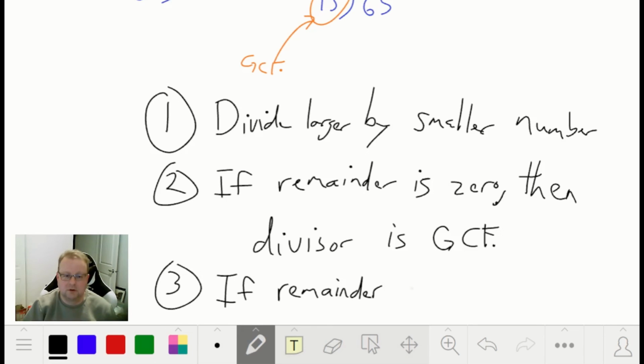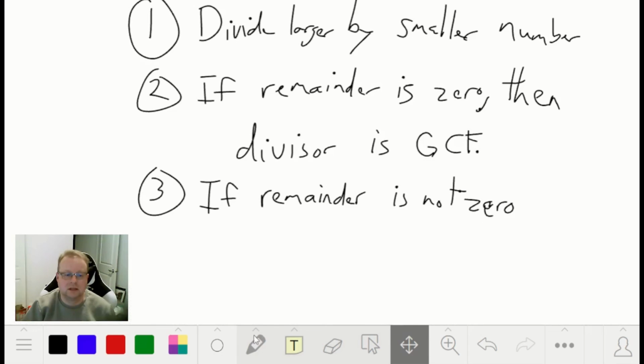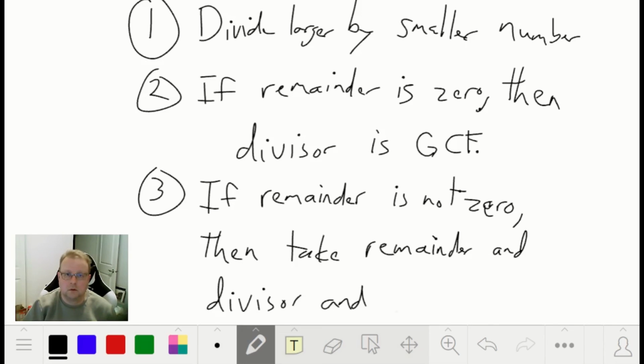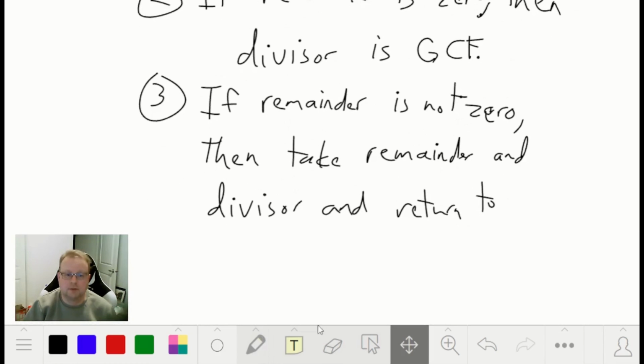If the remainder is not 0, then we take the remainder and the divisor and return to step 1.